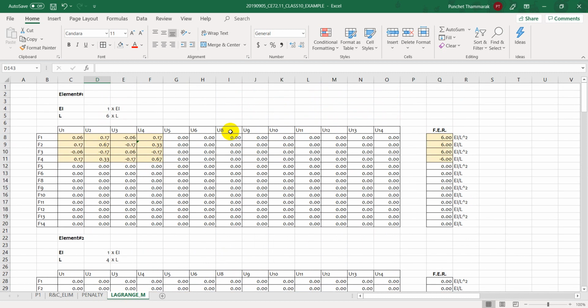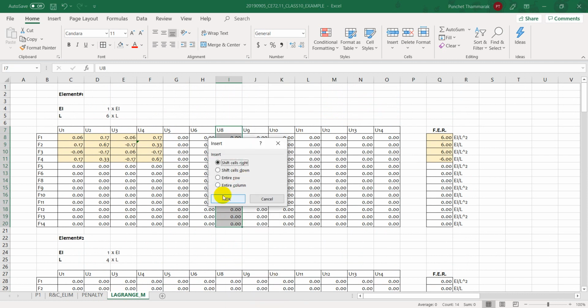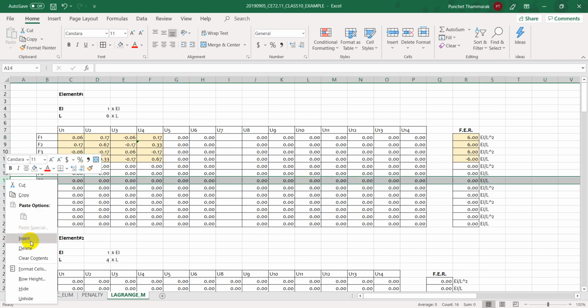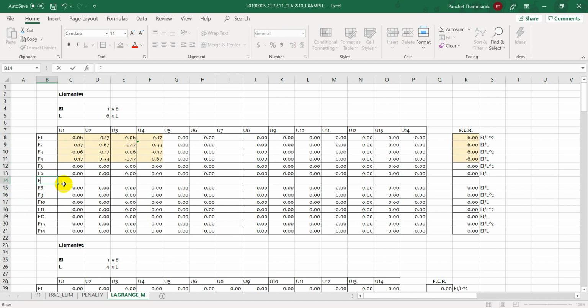This matrix I will put the U7 back in, insert to the right, and welcome back U7. Likewise insert, and we have F7. So this guy is back.